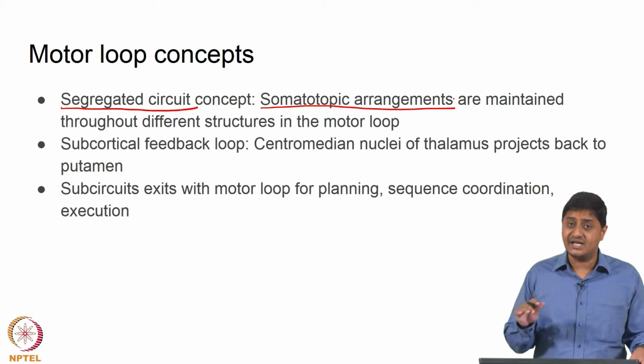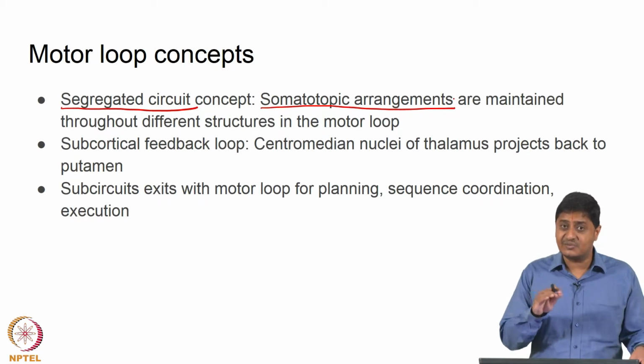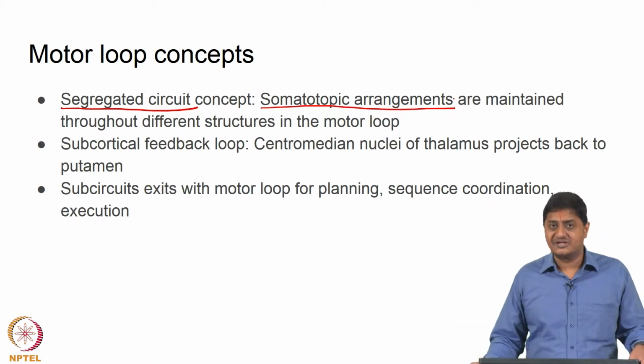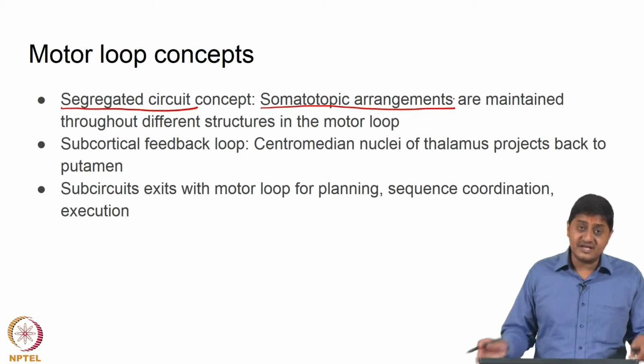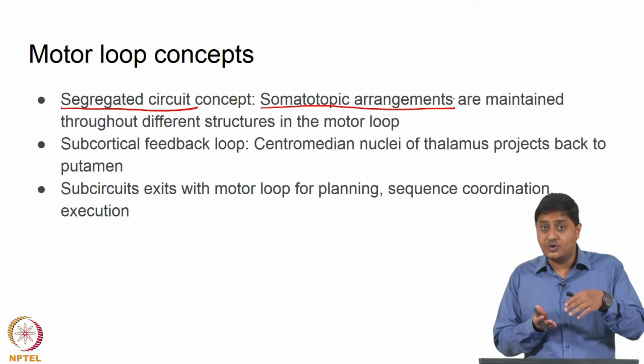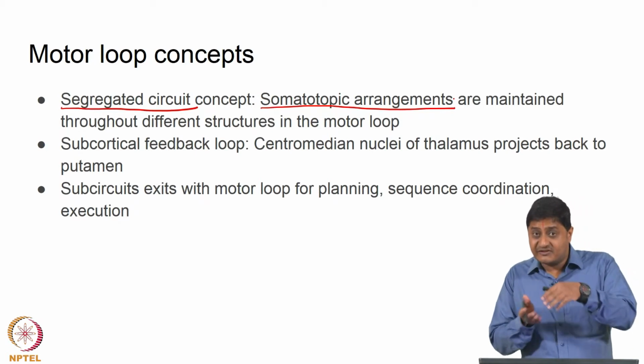Within the basal ganglia, this separate arrangement is maintained for different areas. This is again within the motor loop. Of course, different functions are also separately maintained.